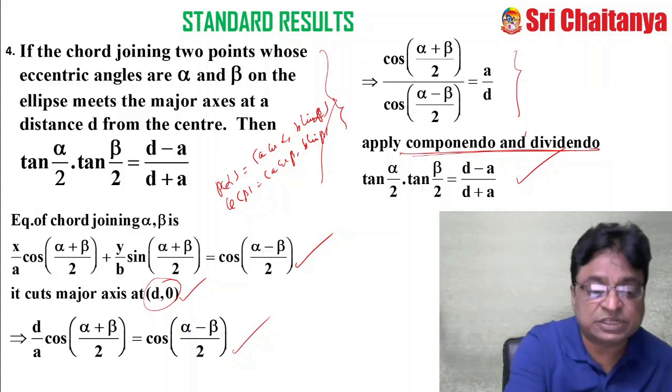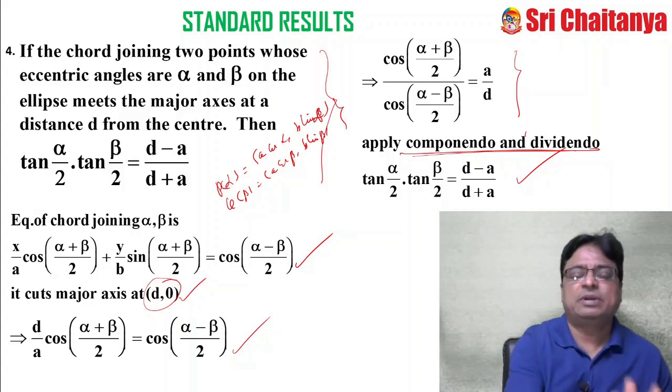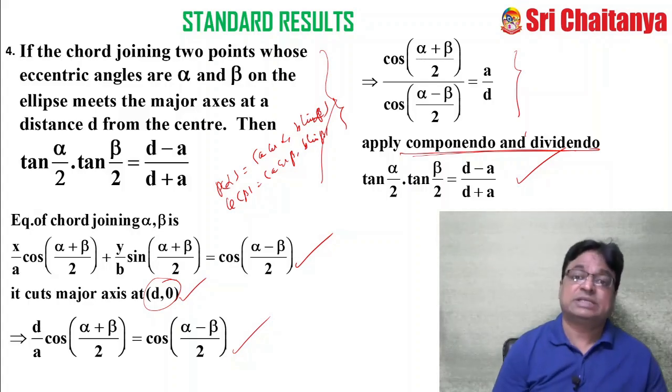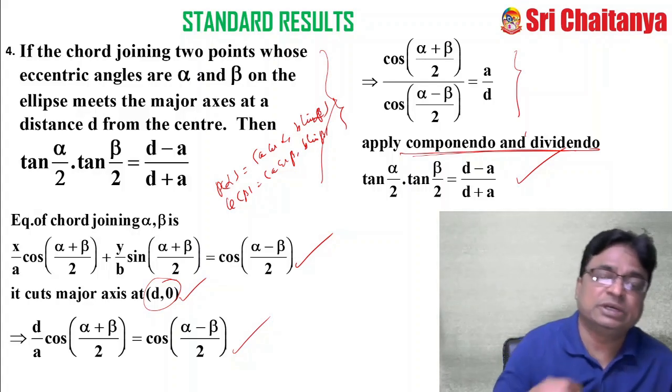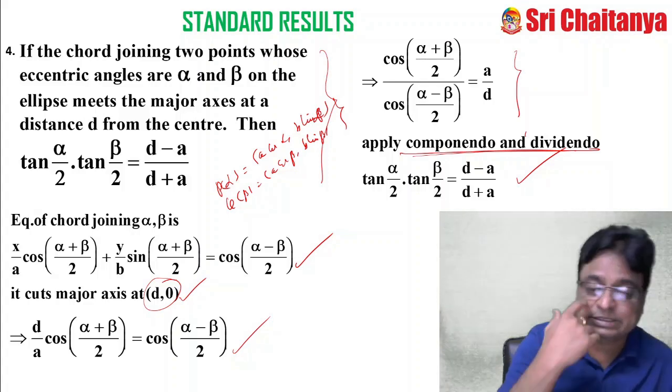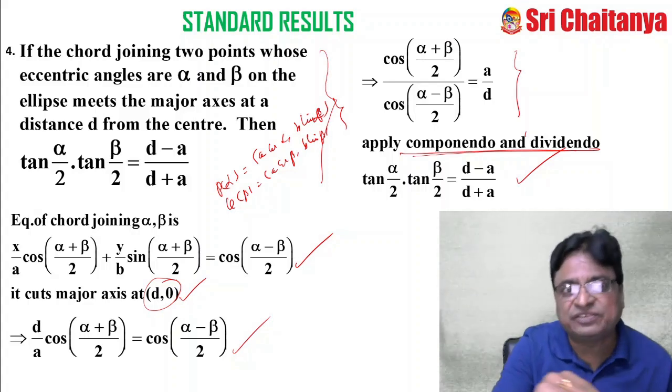And there are so many results of this kind in the ellipse. You need to practice all that kind of results. Here I am giving this result as a sample. There are several other results also of this form, with eccentricity, with focus. Sometimes they may ask the question where the chord intersects the major axis at a distance e from the center.